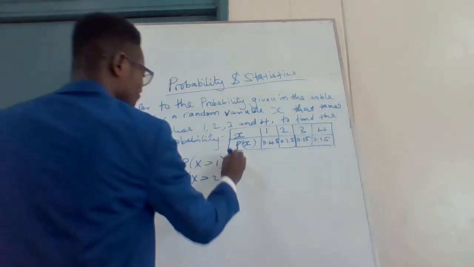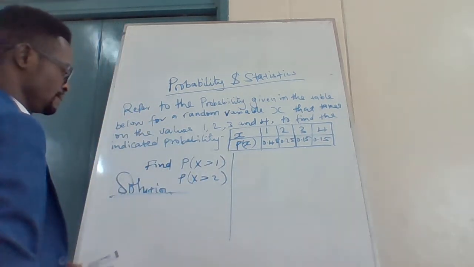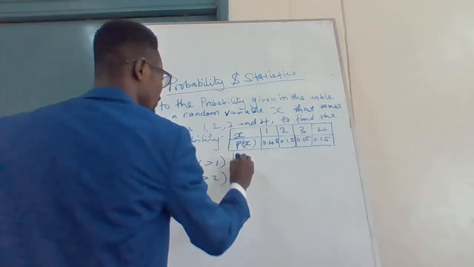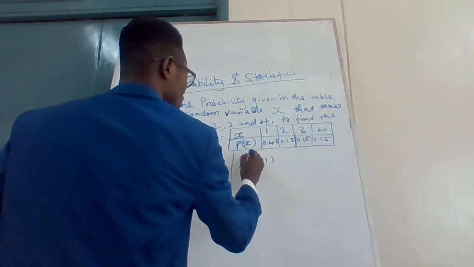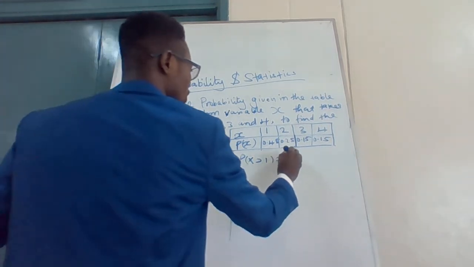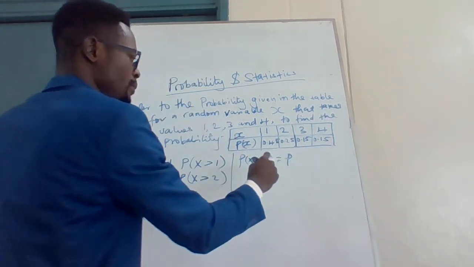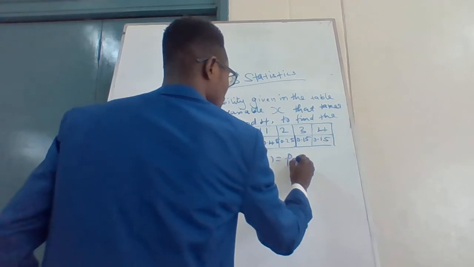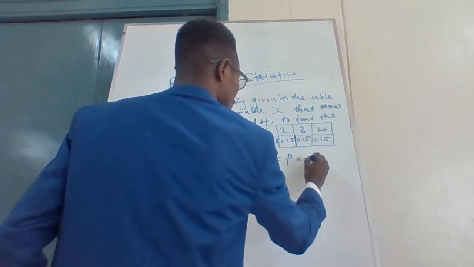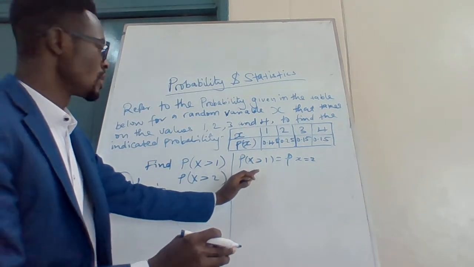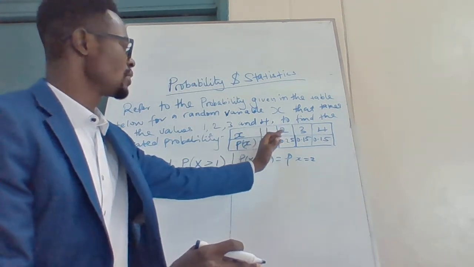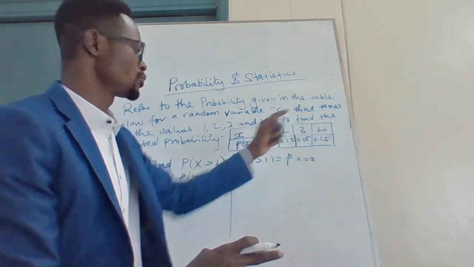The first one, the probability of x when it is greater than 1 will be equal to P, which is our probability of x equals 2, because we know that x is greater than 1, so it means that our probability is from 2 up to 4.